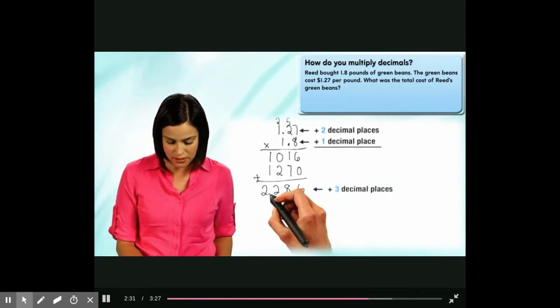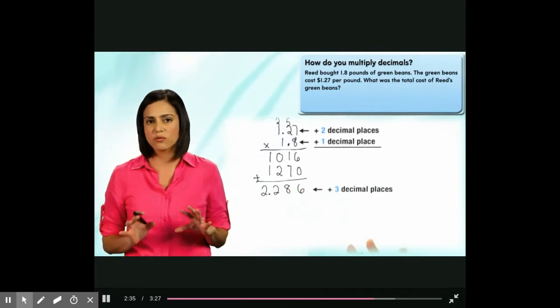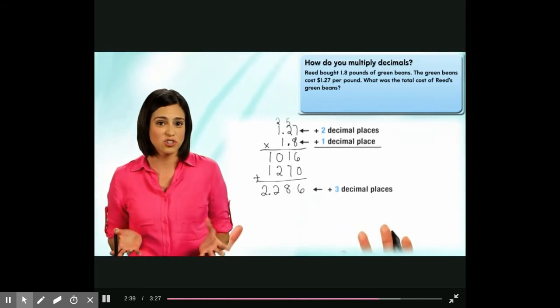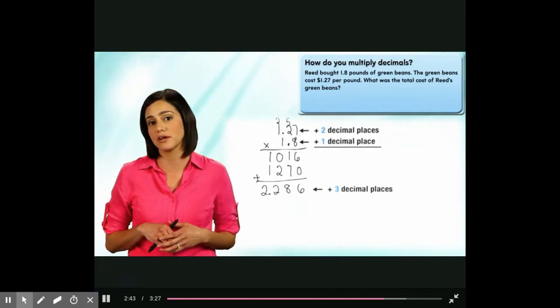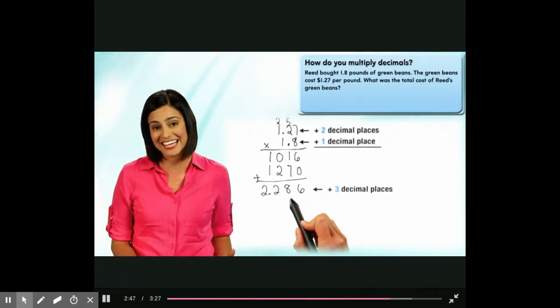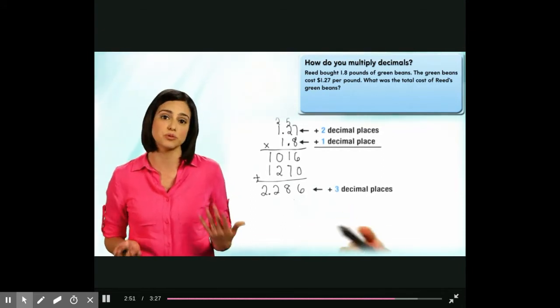Now, this answer looks a little strange, and the reason is because we're dealing with money. So if we're dealing with money, that means we need to round to the nearest hundredths. Here's our hundredths place. We have an 8. If you look at the number on the right, it's a 6, which means we round up.